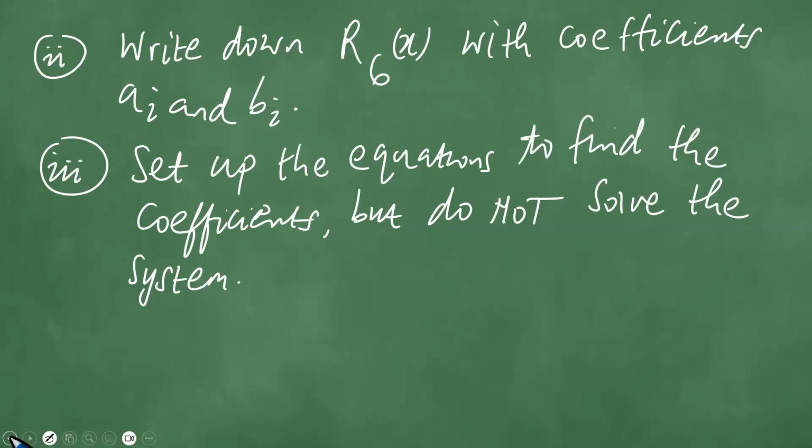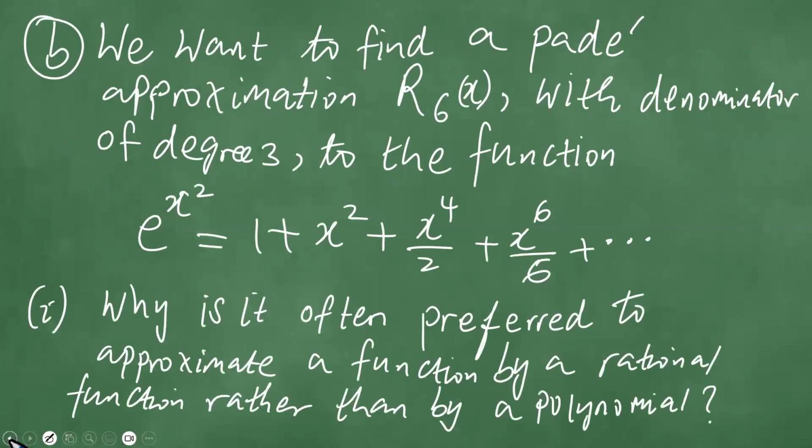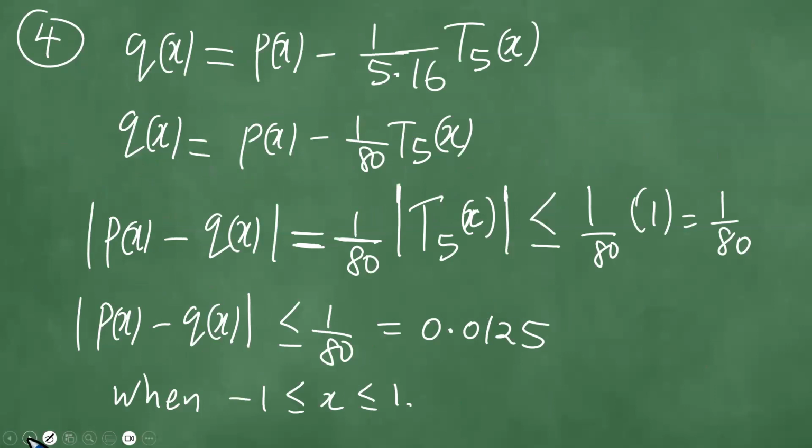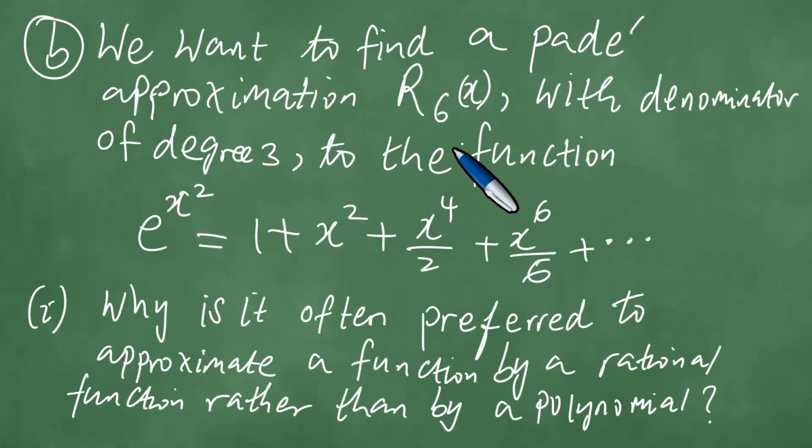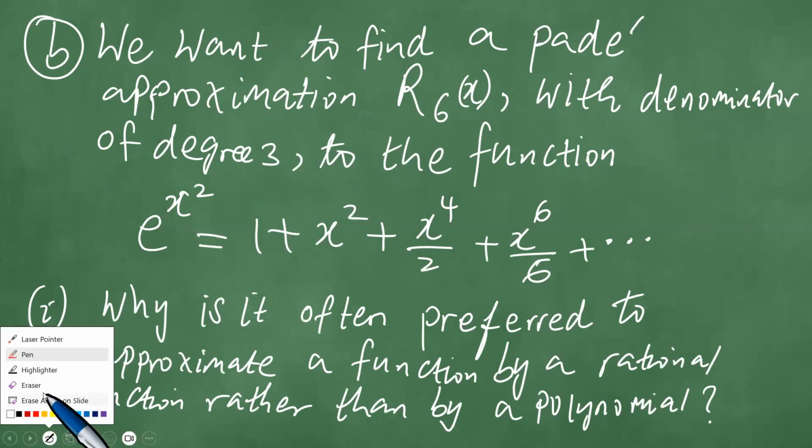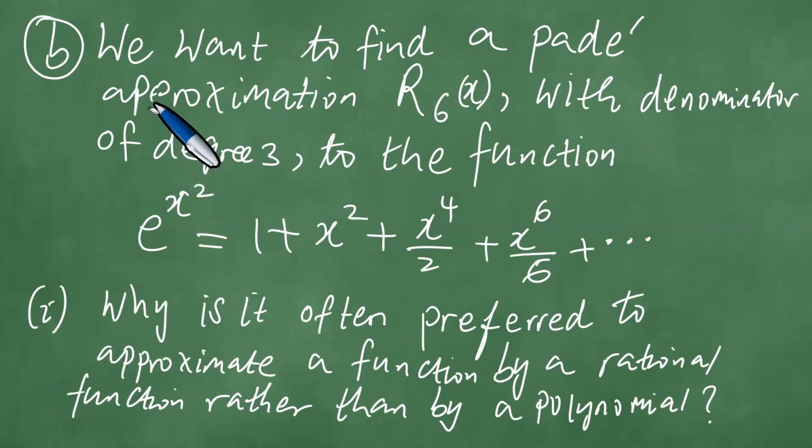All right. We want to find what we call a Pade approximation here, R6 of X, with the denominator of degree 3 to the function this.